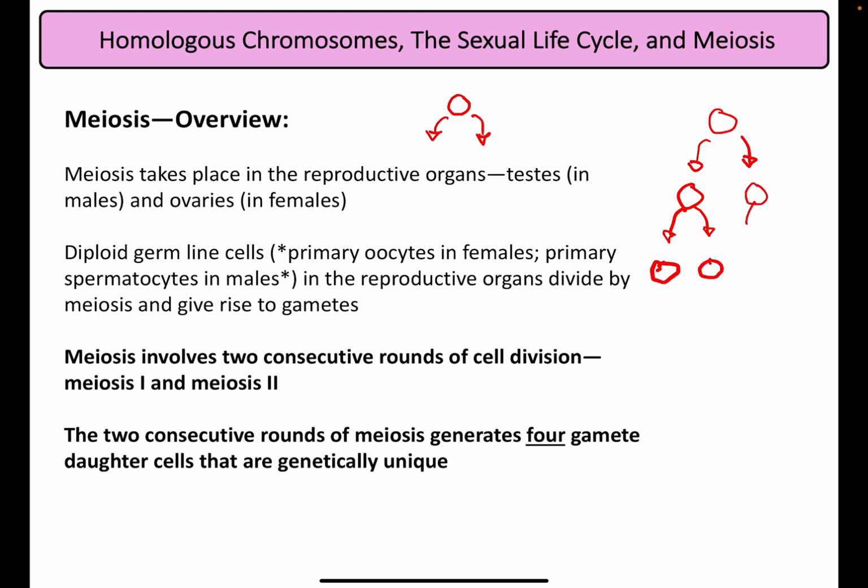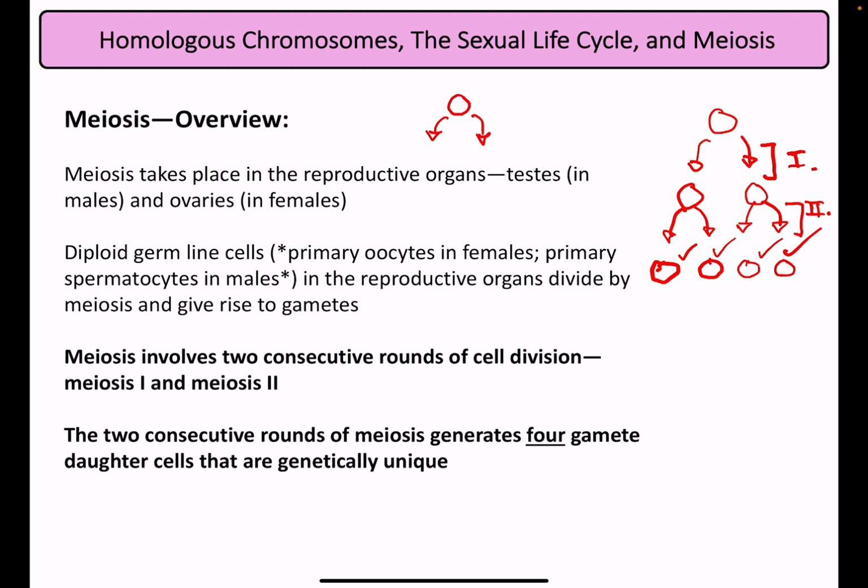Man, this pen is really hard to use. And in the end, you're going to have 4 daughter cells, which we call gametes. So that's what I mean by 2 consecutive rounds of division. The first round is called Meiosis 1 with a Roman numeral. The second round is called Meiosis 2.